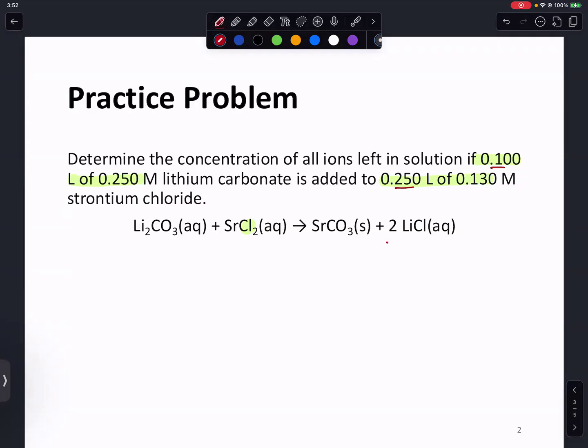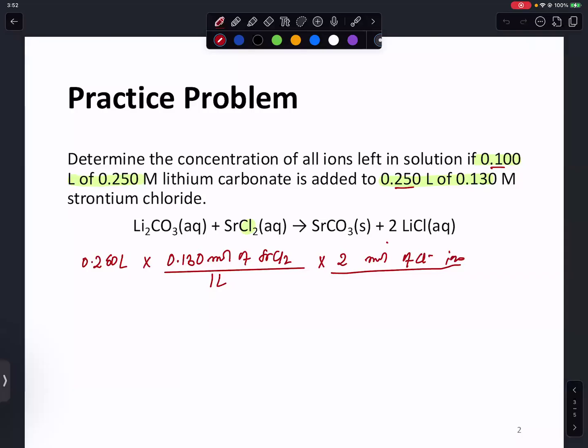Again, I have here 0.250 liters times 0.130 moles of strontium chloride in 1 liter of solution, and then 2 moles of chloride ions in 1 mole of strontium chloride. And the moles right here are 0.0650 moles of chloride ions.